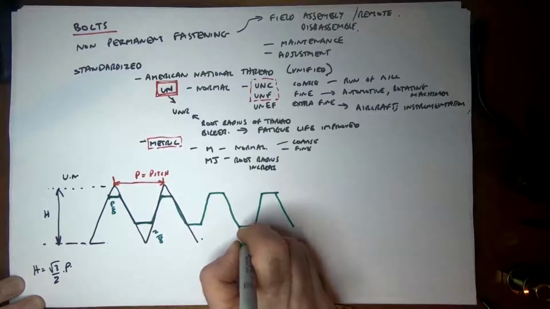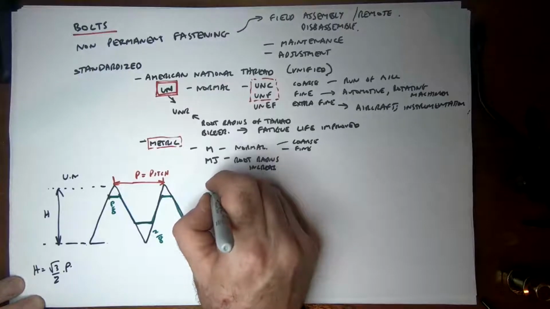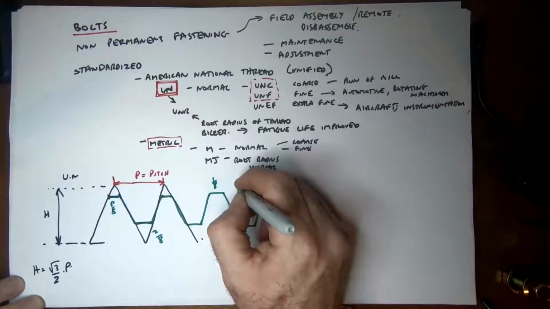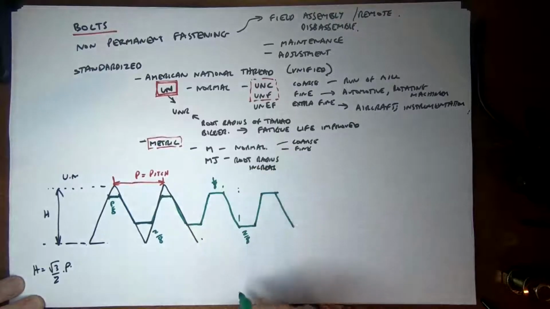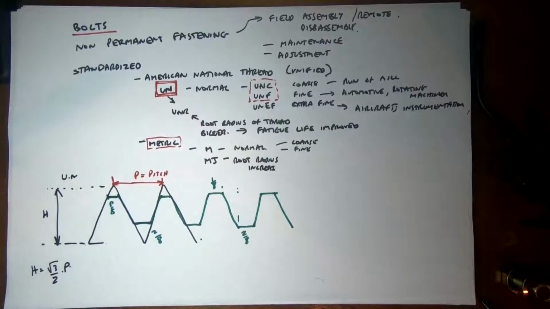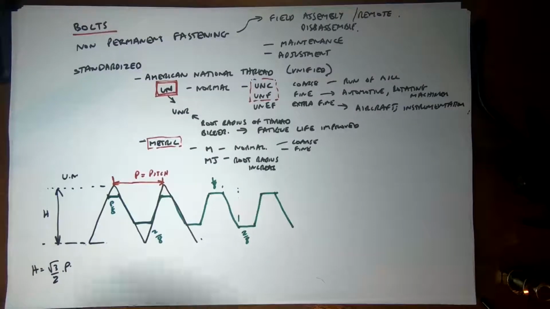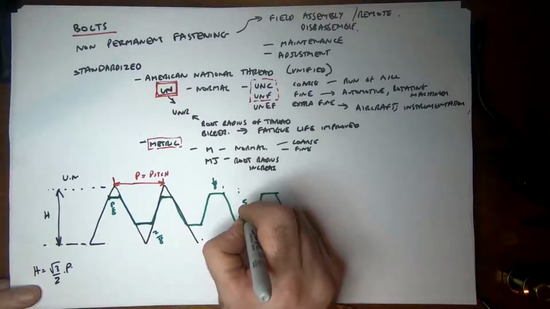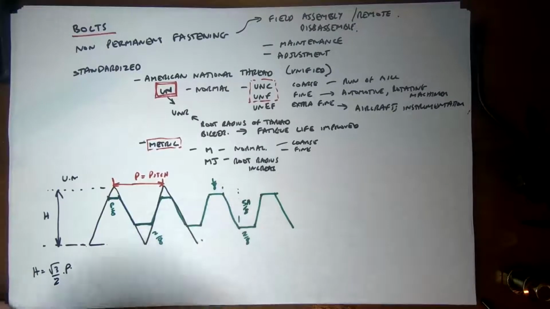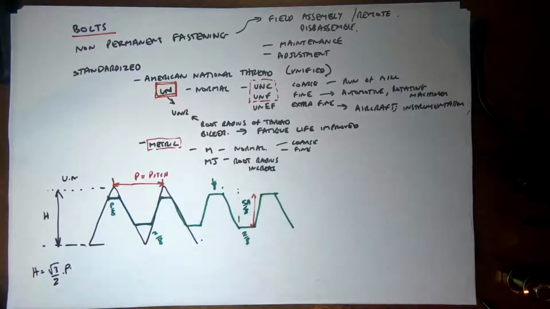So this here is 2/8 of the pitch. This is 1/8, which means that this distance here makes up the difference of the 5/8. So that becomes your 5/8 of your height H, from there to there.